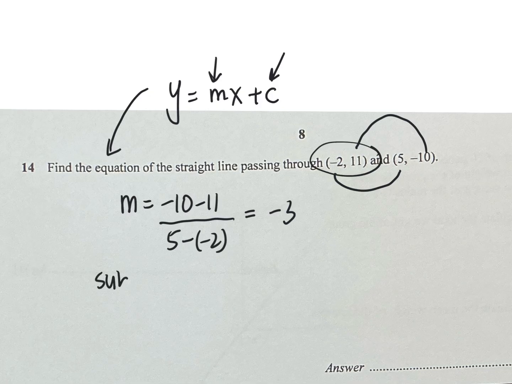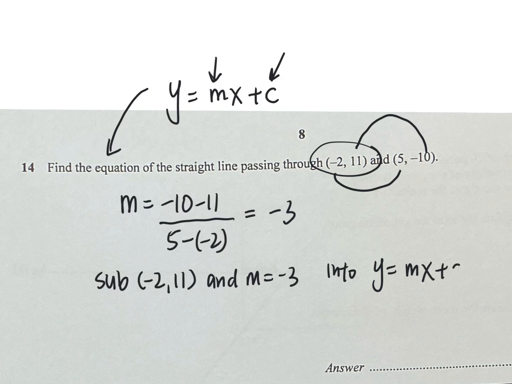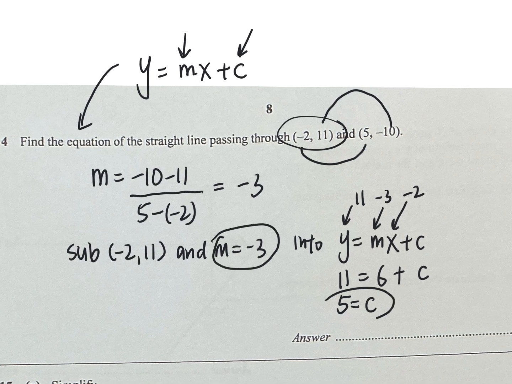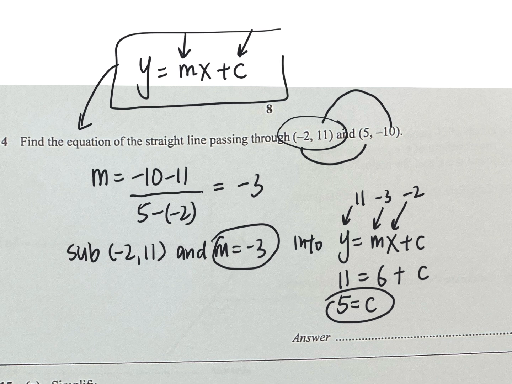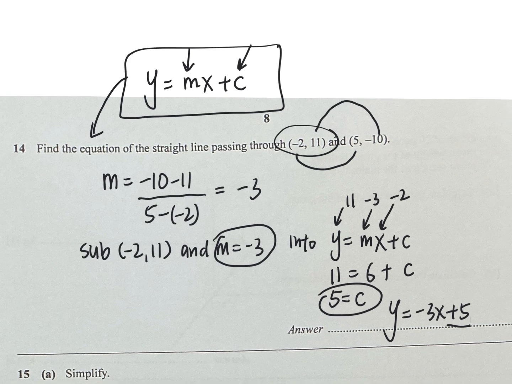So for example, I will sub minus 2, 11 and gradient as minus 3 into this equation. So my y is 11, gradient is minus 3, x is minus 2. So it will be 6, c is 5. After you are done, put these two into this equation. So your straight line is y equals minus 3x plus 5. This is the equation I want.